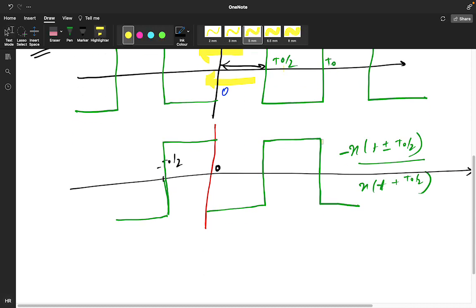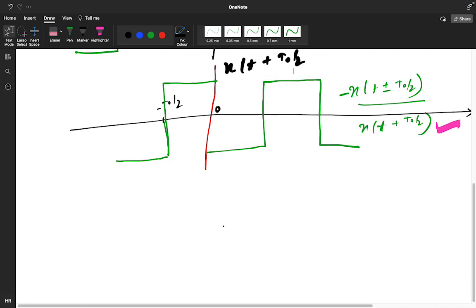Now this part is achieved. We have drawn x of t plus t naught by 2. The next step is to reverse the amplitude.